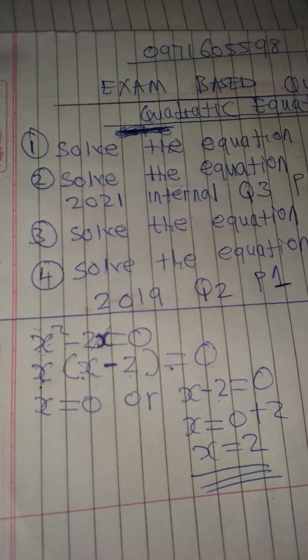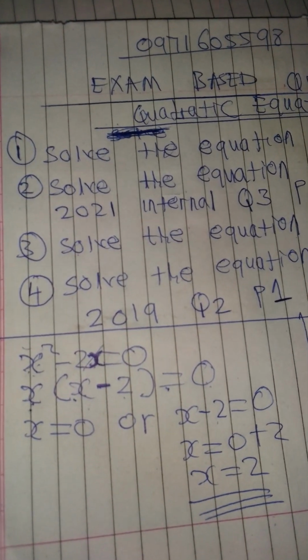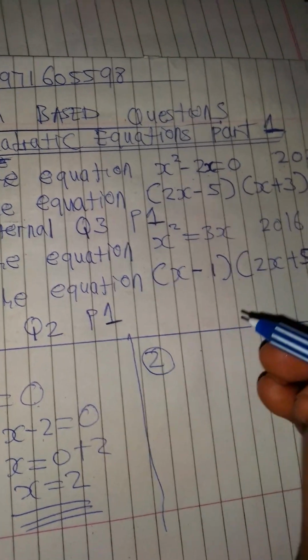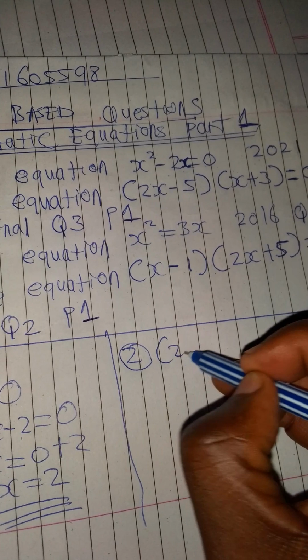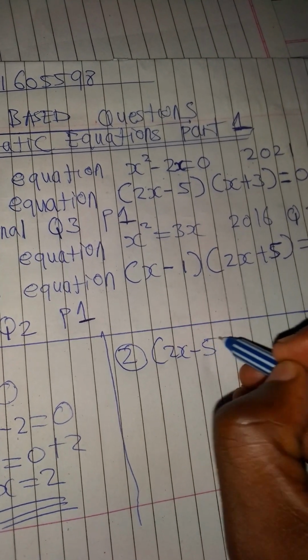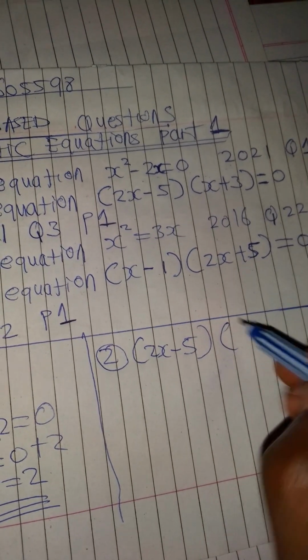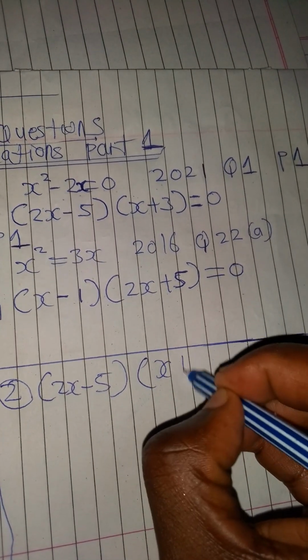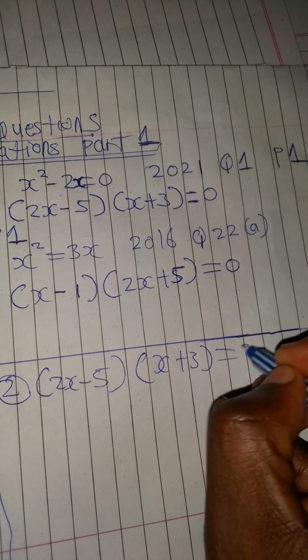We solve question 2. So question 2, we are going to copy it: open the bracket, 2x minus 5, open another bracket, x plus 3, then equals 0.